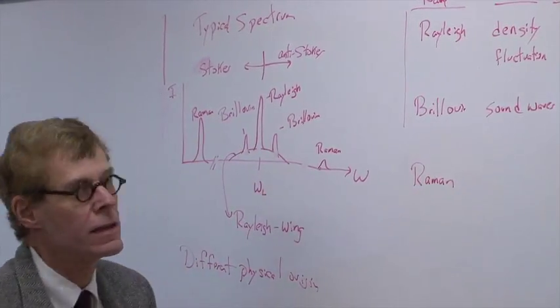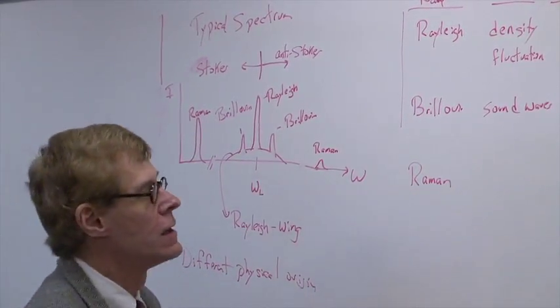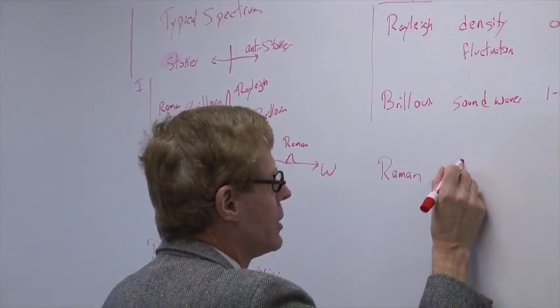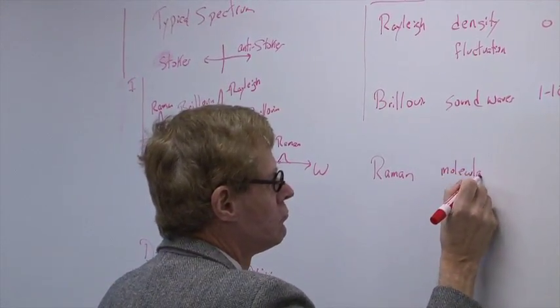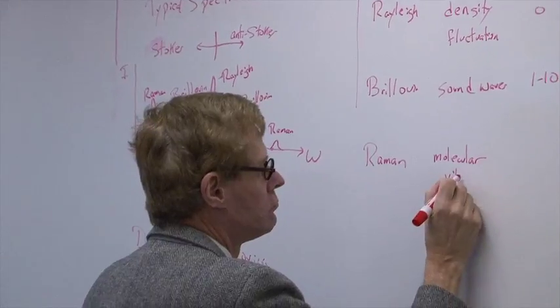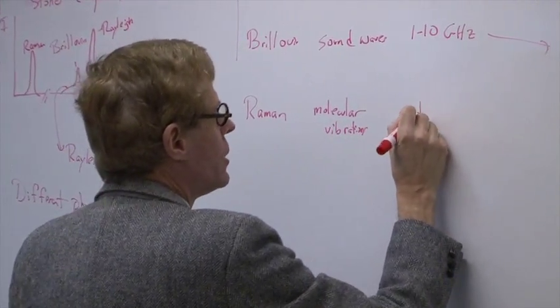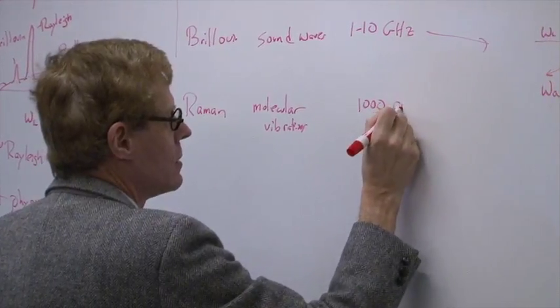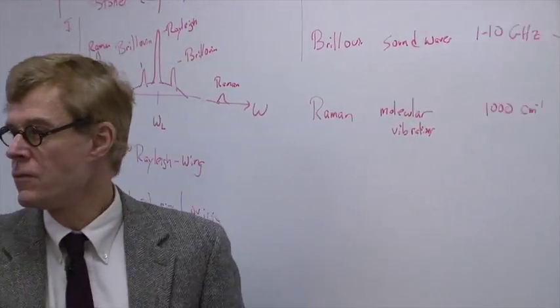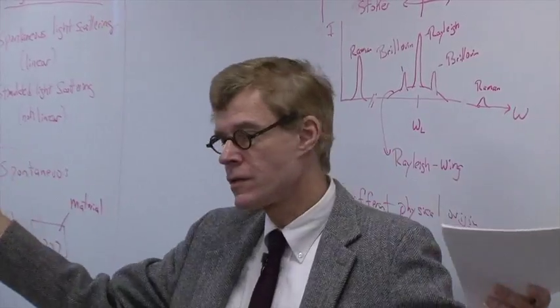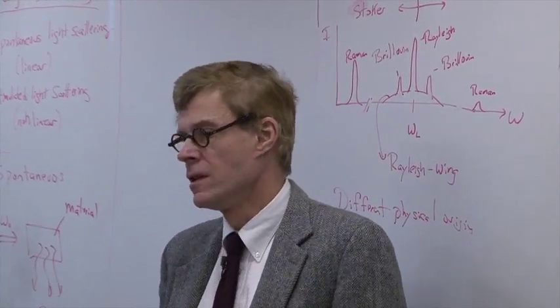Now Raman is the scattering of light from molecular vibrations. And a typical value might be 1,000 inverse centimeters. This is the typical units that people would use.